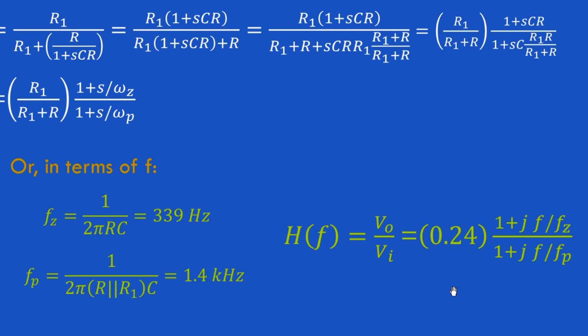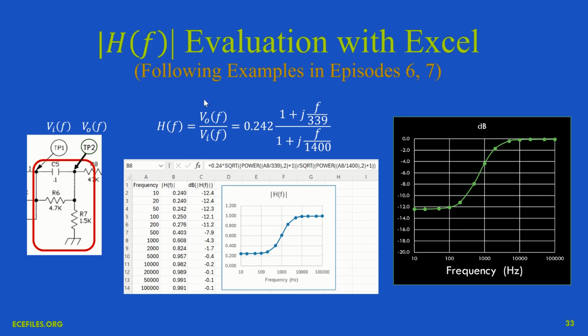As a final check to make sure we got this right, let's take s and replace it by j2πf and these expressions here and put them all together, and you should get this expression. Then we can take that expression and put it into Excel like we did back in previous episodes and plot the response.